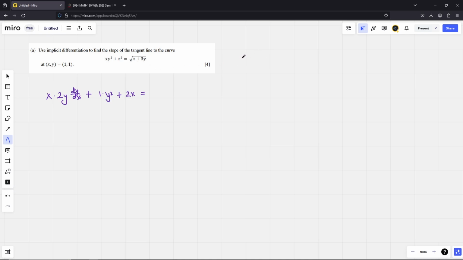We can write this as x plus 3y to the half power, because I have a square root and this is to the power 1.